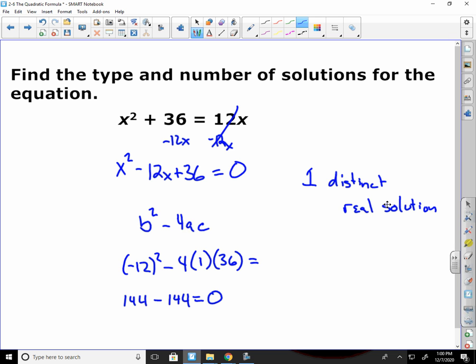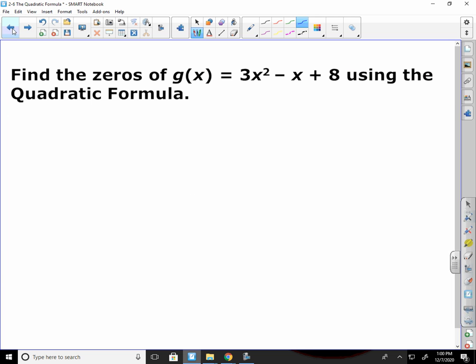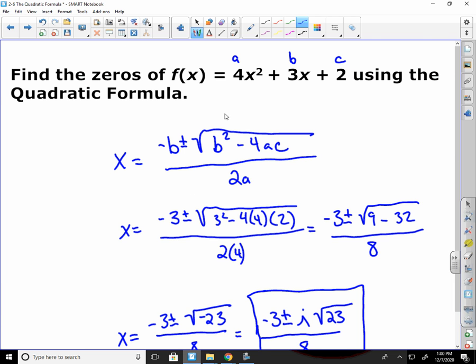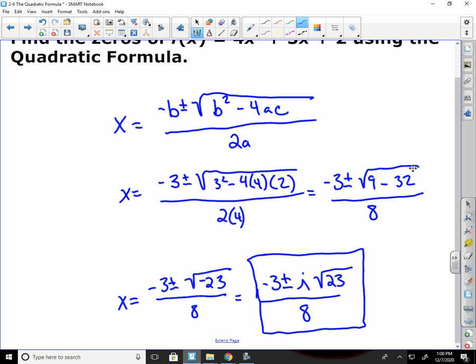So as I'm working through the problem, if we go back to this problem, whenever I did what's inside of here, 9 minus 32 gave me a negative 23. Since that's less than 0, that automatically tells me that I'm going to end up with imaginary or complex solutions, and that there's going to be two of them, my plus and minus option.